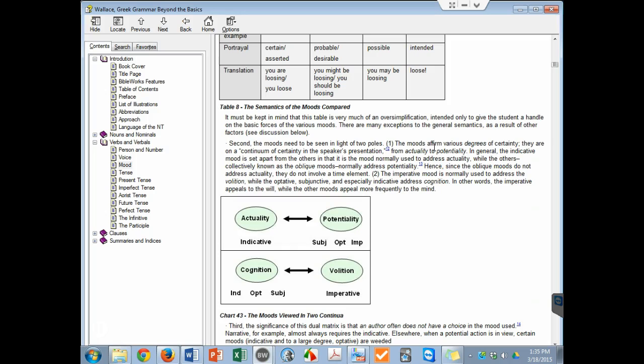So on the bottom of this chart here, I would have swapped optative and subjunctive and made optative much closer to the volitional side. Up here, in terms of potentiality, I would be inclined to not put the imperative on that continuum at all. But isn't it still referring to potential action?